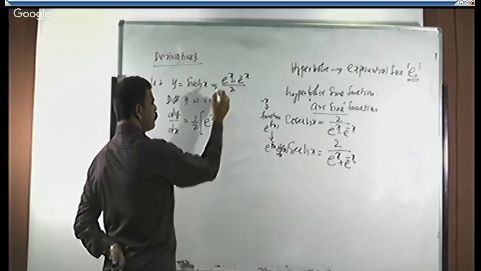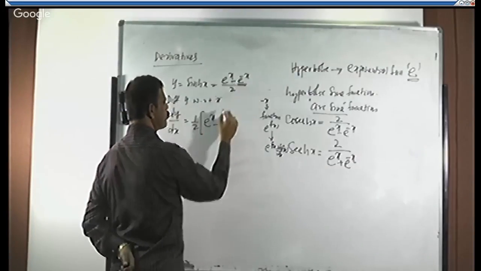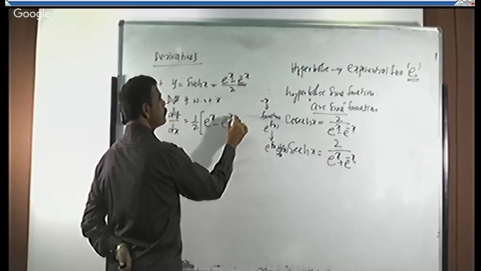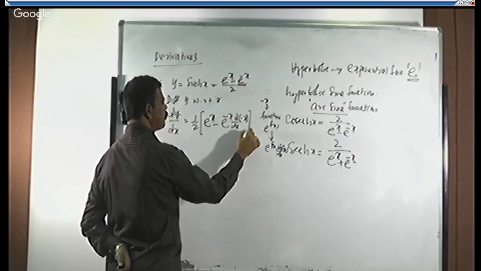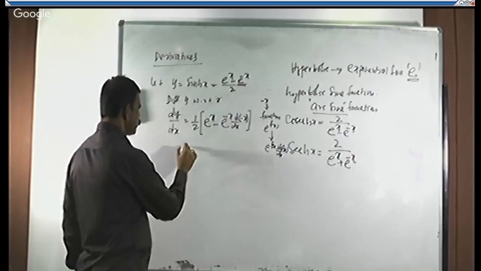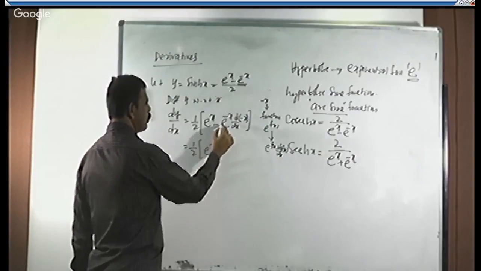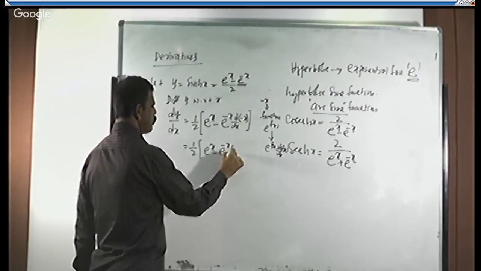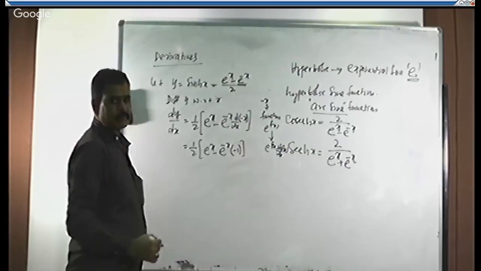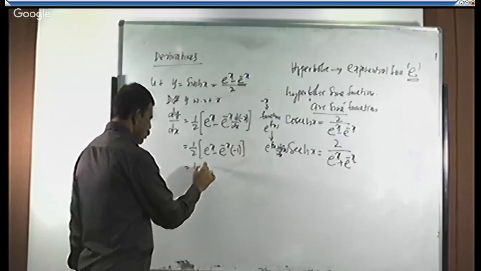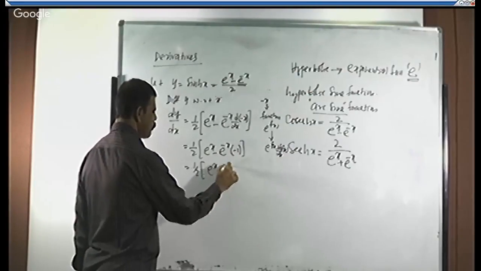So it is 1 by 2 into e power x minus e power minus x into the differentiation of minus x, which is minus 1, or 1 by 2 into e power x plus e power minus x.